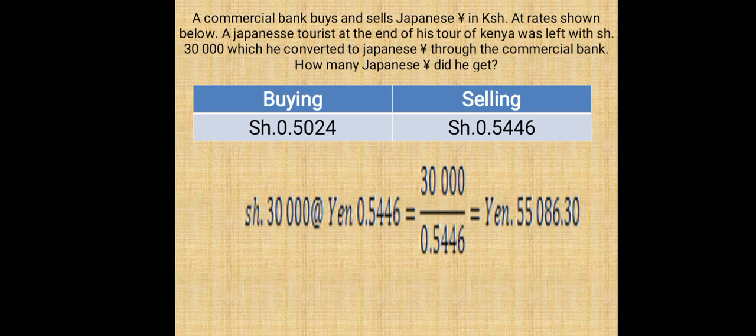Now the Japanese yen will be translated at a rate of 0.5446. That means he will get 55,086.3 Japanese yen.